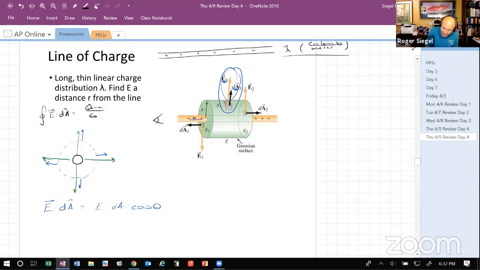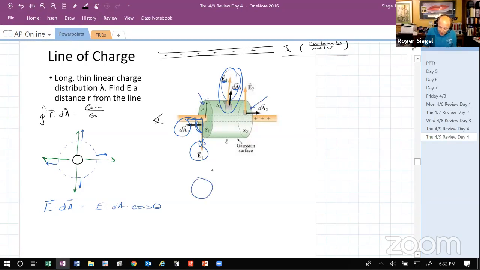Now on the edge here, the area vector is always perpendicular to the surface, but the E vector is radially outward. These two are perpendicular, and the cosine of 90 degrees is 0, which means there is no flux through either of these faces.